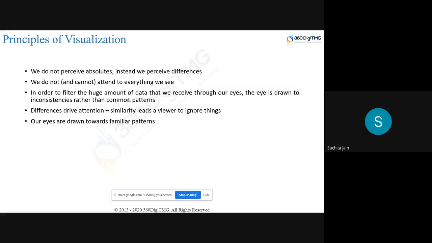Okay, in order to filter the huge amount of data that we receive through our eyes, the eye is drawn to inconsistencies rather than common patterns. Again, it is a very normal phenomenon that we see inconsistencies, and those gaps only help us to come out with a solution to solve a business problem. Okay, differences drive attention, similarity leads the viewer to ignore things.